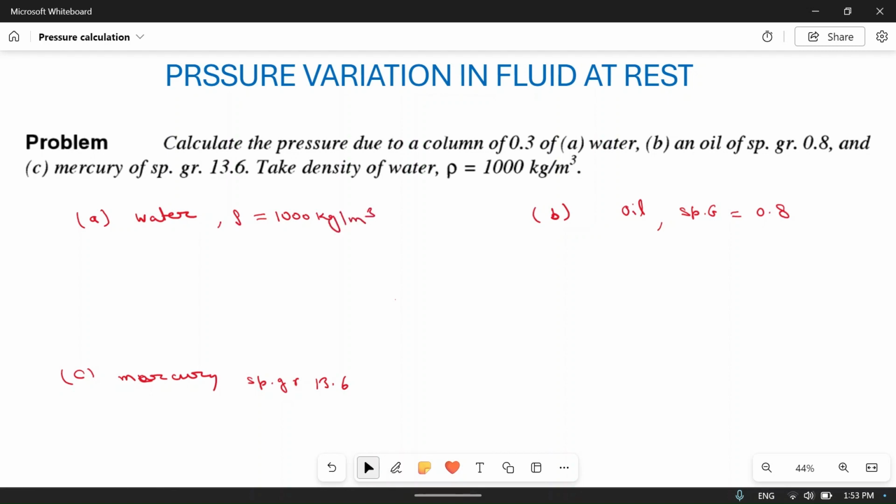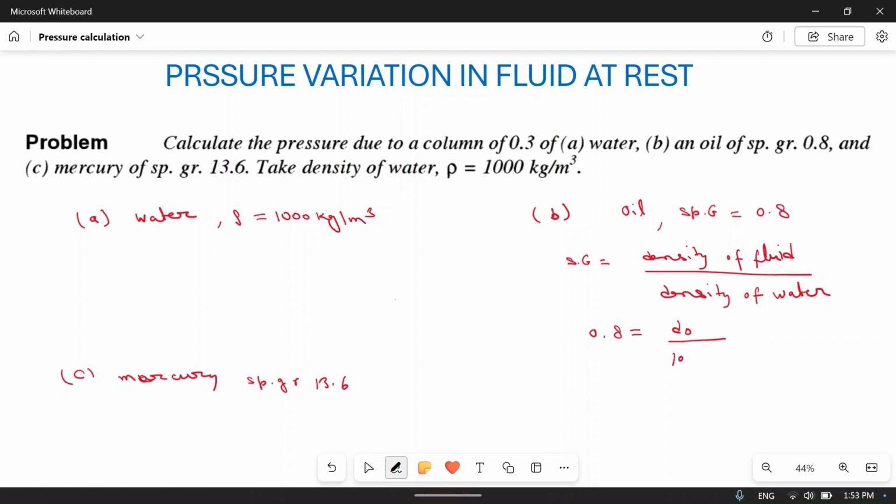So what will be the density of oil? Specific gravity is density of fluid divided by density of water in case of liquids. In case of gas it is density of air. So specific gravity 0.8 is equal to density of oil, which we have to find, divided by density of water, 1000.